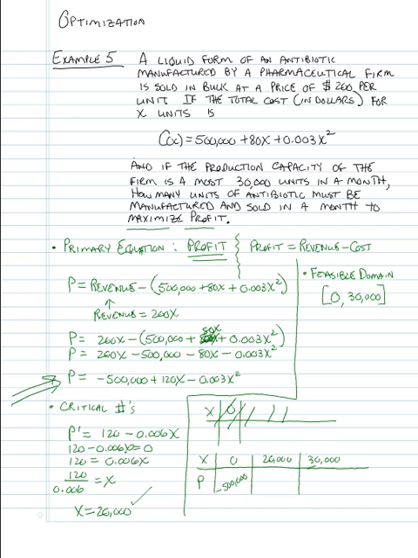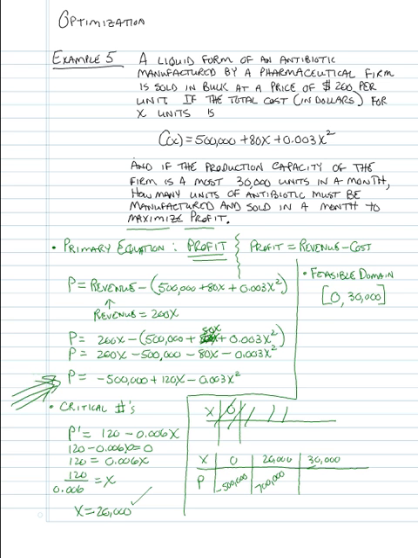Oh, that's not good, is it? Well, okay, what happens when we put 20,000 in? We'd have negative 500,000 plus 120 times 20,000 minus 0.003 times 20,000 squared. When we do, we'll get a value of 700,000.